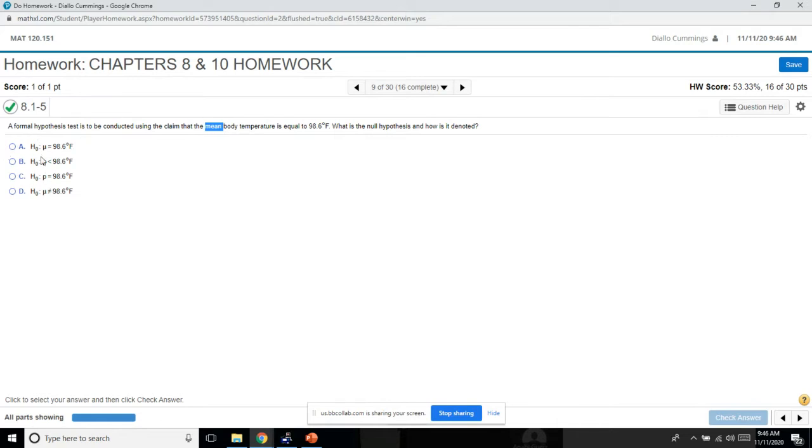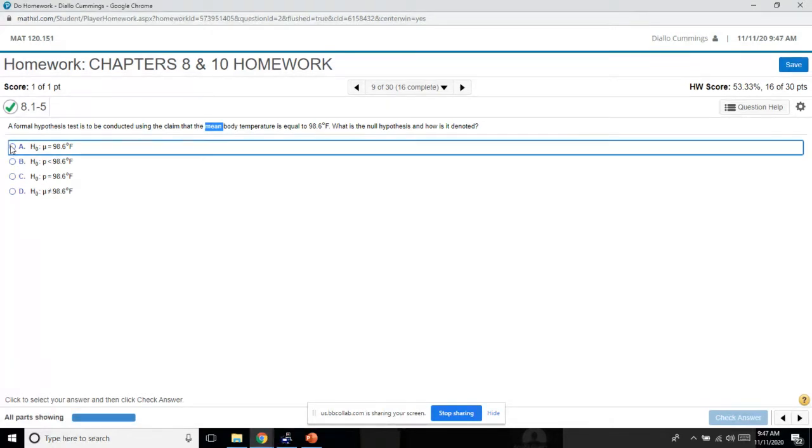Notice that in choice A, the null hypothesis is that the mean, or mu, is 98.6. Choice D also denotes the mean, however, in choices B or C, notice that they're denoting the population proportion.